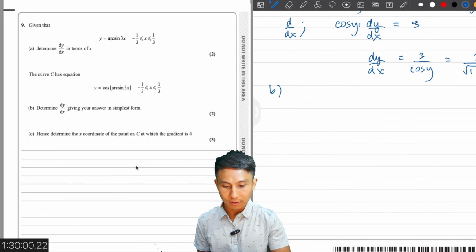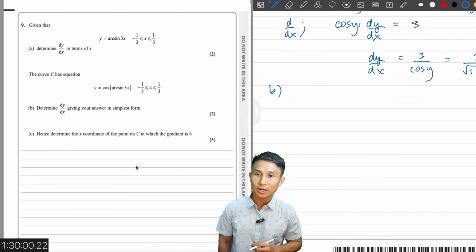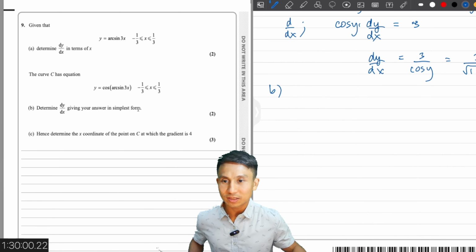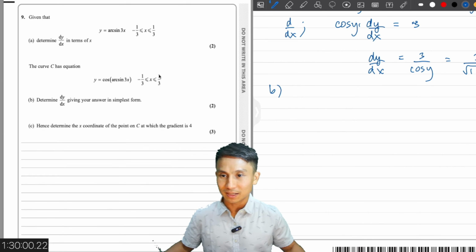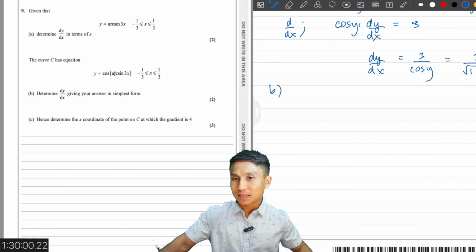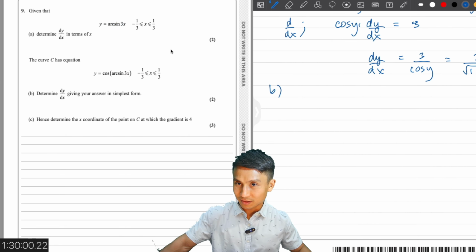Now part B. The curve C has an equation, and we determine dy by dx. Give your answer in simplest form. Again, this is similar, and if you notice, the arcsine 3x here is from the one we got earlier.